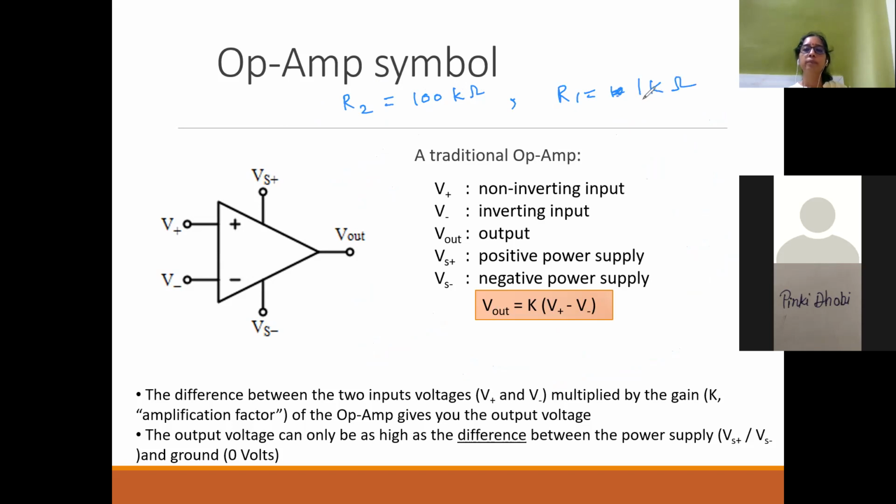K for kilo. Resistor value can be in kilo ohm, but if the voltage is high, that is not expected. No apparatus can bear such a high voltage. It will be damaged, right?